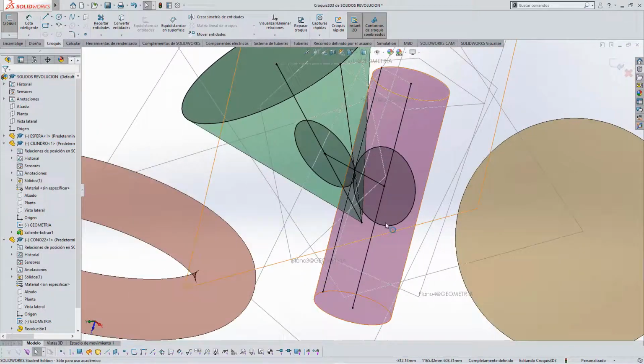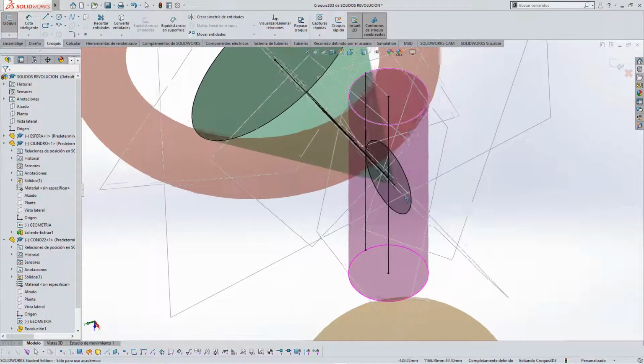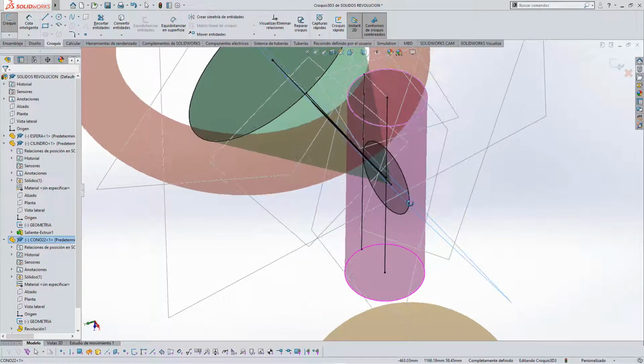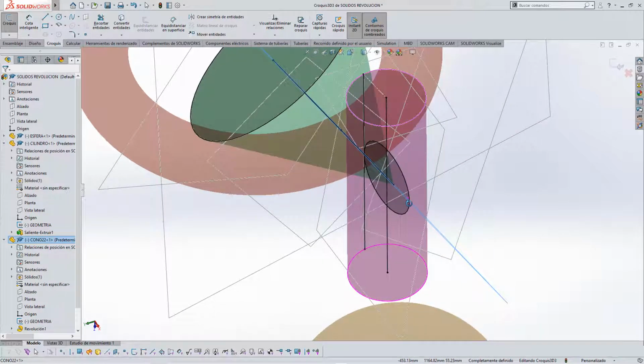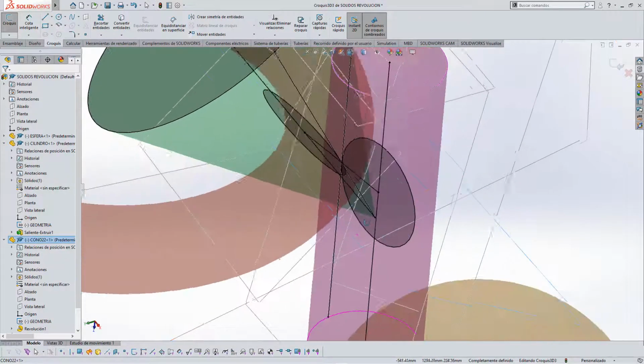Well, something that could be left: if we check the planes that contain the circles of the inscribed spheres, we can see that they do not fulfill any particular relation, but each one of the planes contains the radius of both circles. We can see that this one, the plane containing the circle and the radius of the inscribed sphere in the cone, also contains the radius of the circle of the cylinder.